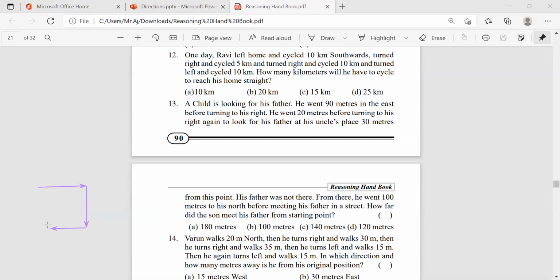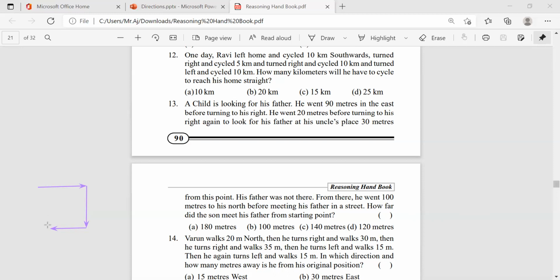Right to right is the opposite direction, west. 20 meters.